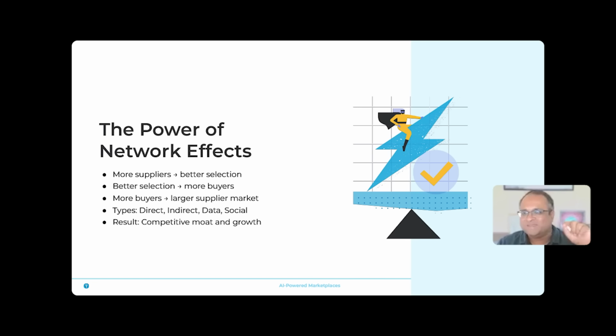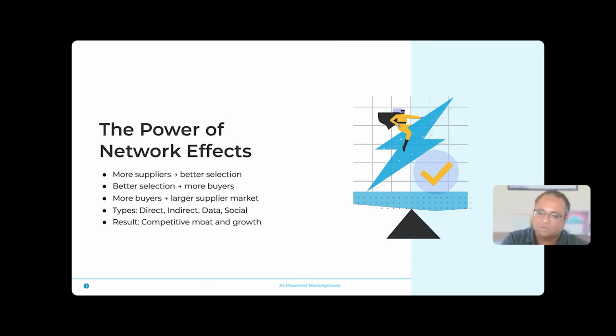Once you have more buyers, that will lead to more suppliers. So this type of self-fulfilling prophecy is very, very important for a marketplace. And most of it is because of the power of the network effect. Here is where I feel you can have a tremendous amount of value add through AI. What I mean by that.